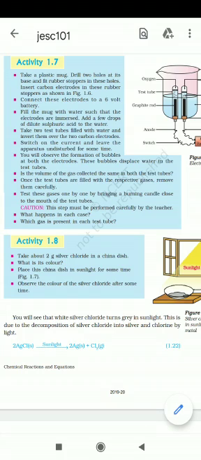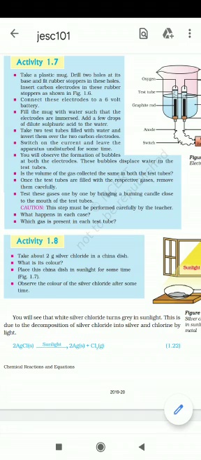Children, when you bring a burning candle near the mouth of the test tube, listen to me very properly. Oxygen is a supporter of combustion. It always supports burning. Your candle flame becomes brighter. What happens with hydrogen? Children, hydrogen is a combustible substance.